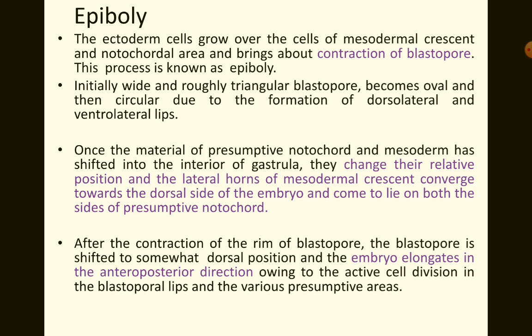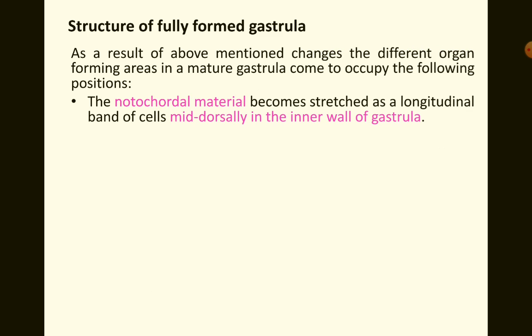So on the roof of the archenteron you find the notochord, and on either side of the notochord you find these mesodermal cells, and this sheet of cells is called chorda mesoderm. Now after the contraction, the rim of the blastopore gets shifted to a somewhat dorsal position, and the embryo elongates in the antero-posterior direction owing to the active cell division in the blastoporal lips and the various presumptive areas. And this completes the process of gastrulation in Amphioxus.